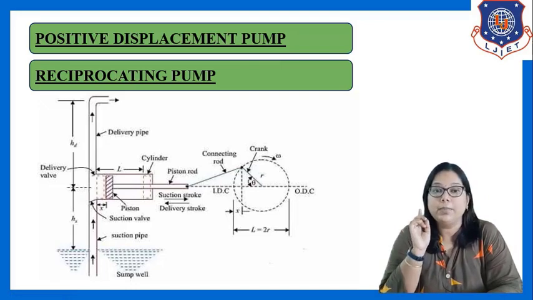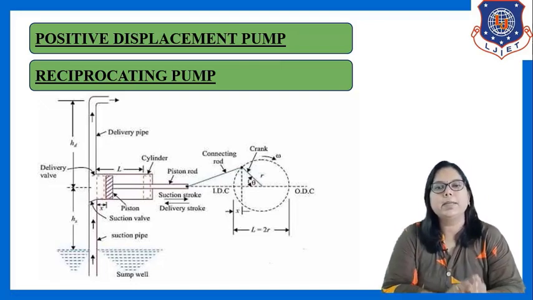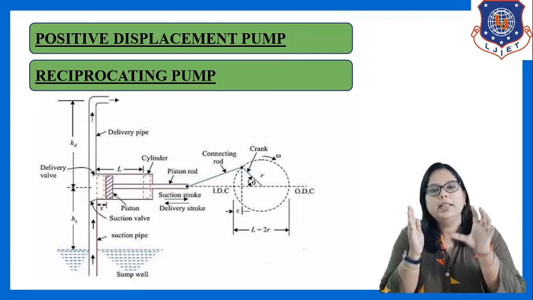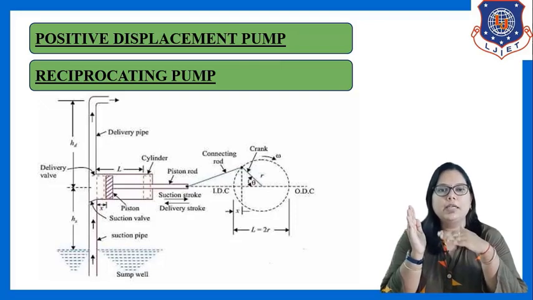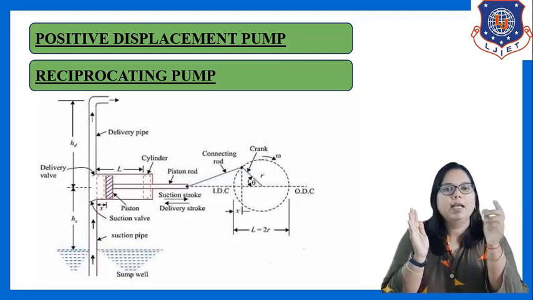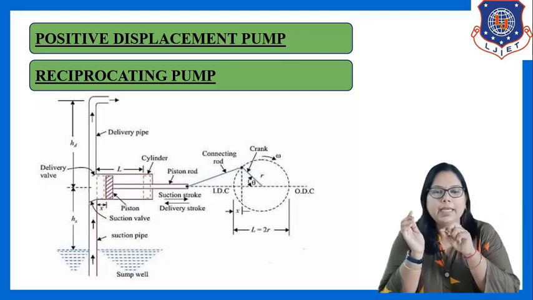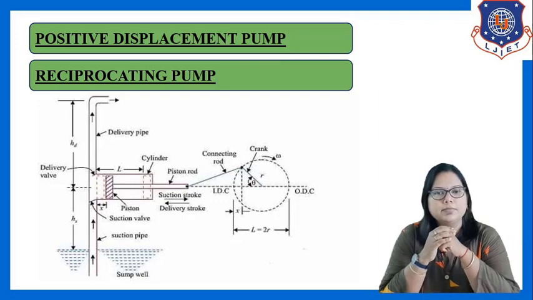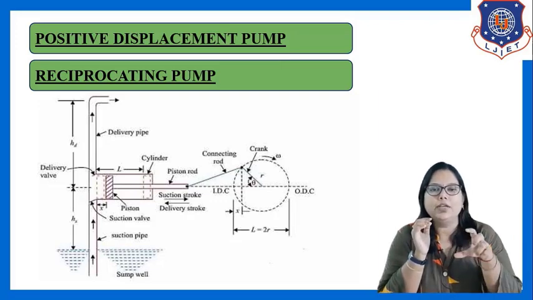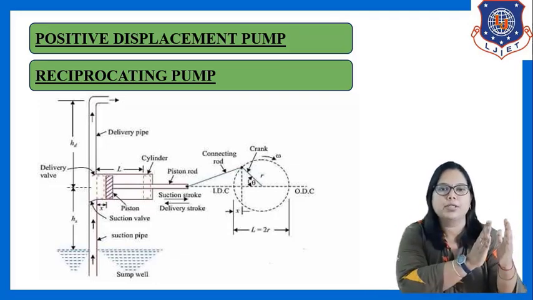You have to just imagine the situation. The piston is at extreme left position. Now this crank rotates from 0 degree to 180 degree. So as the crank rotates, what will happen? The connecting rod lifts the piston out, from extreme left to extreme right position.